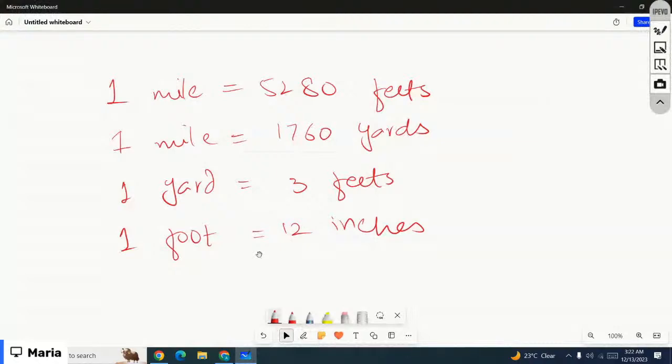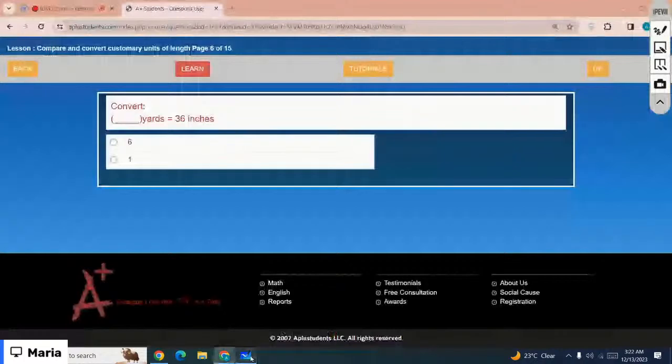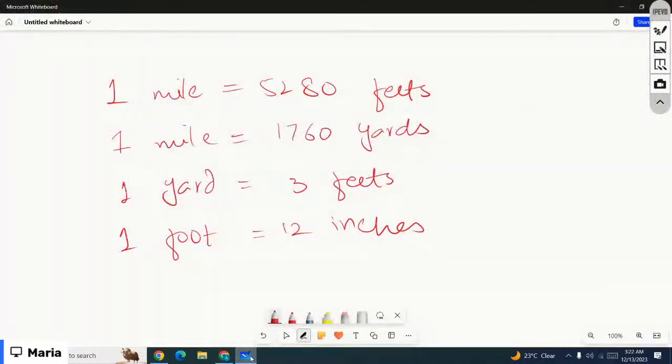Inches is a smaller unit and yard is a bigger one. 1 yard equals 36 inches, right?